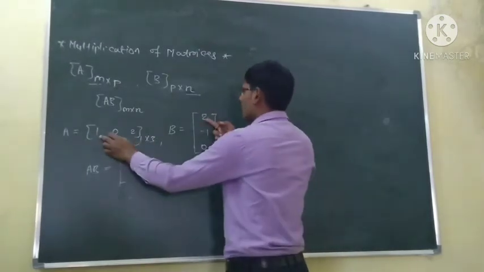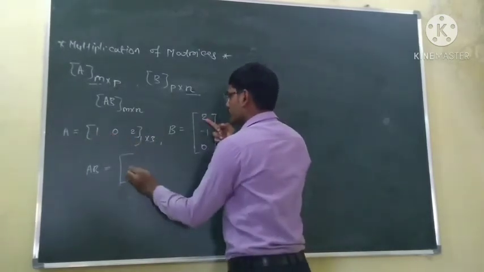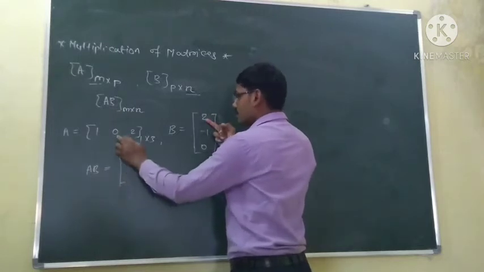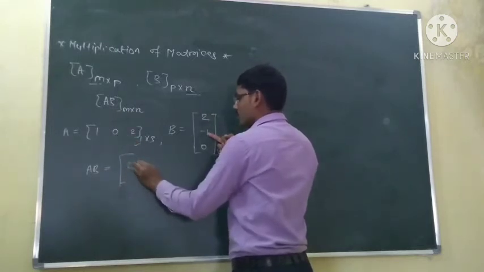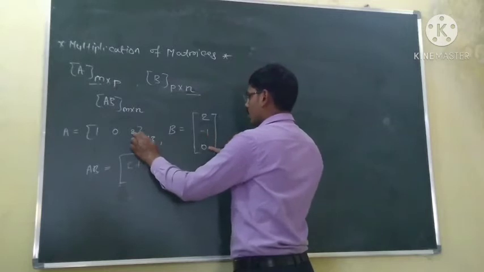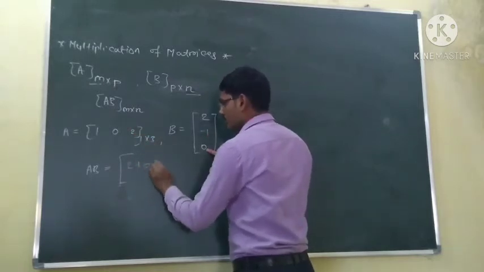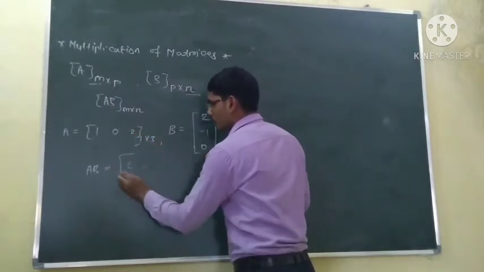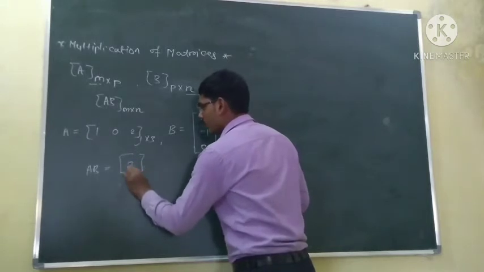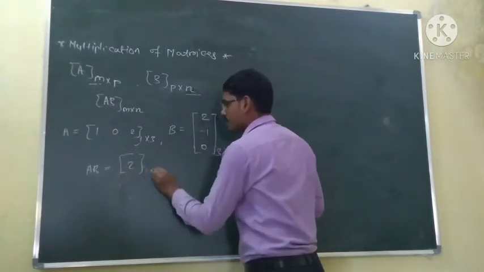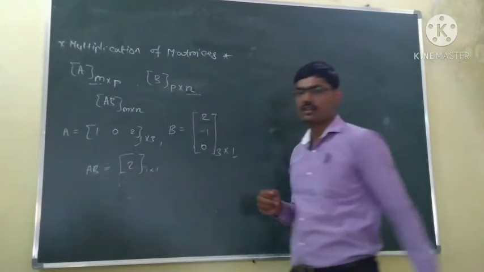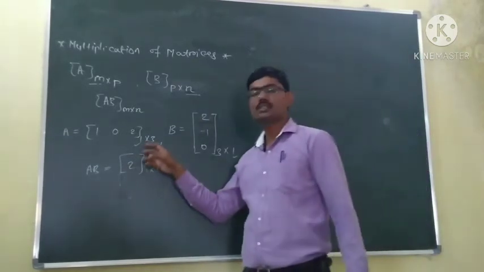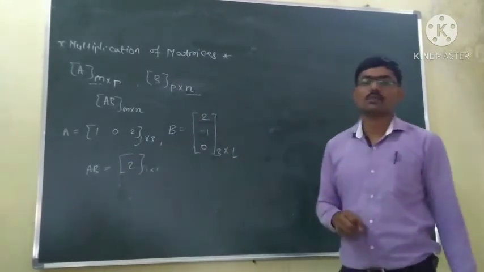So 1 into 2, 2, plus 0 into minus 1, 0, plus 2 into 0, 0. So only 2. So the matrix is a 1 by 1 matrix with only one element, 2. This is how we multiply two matrices.